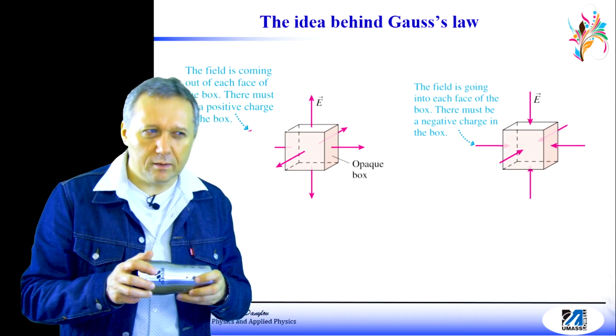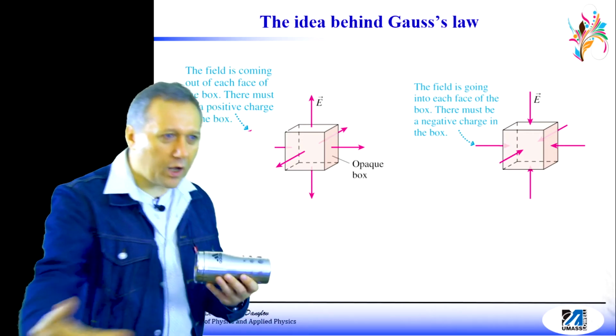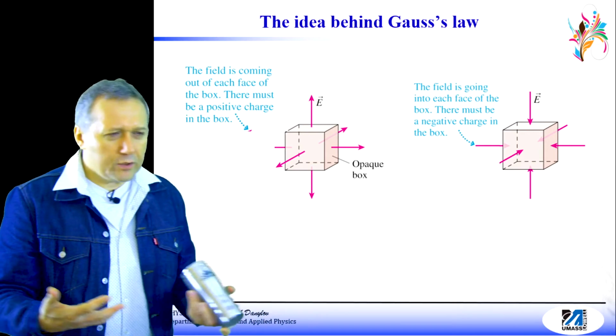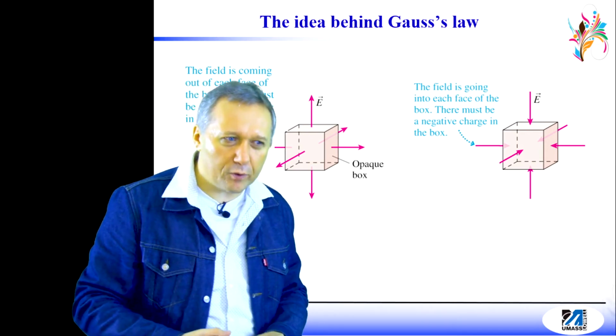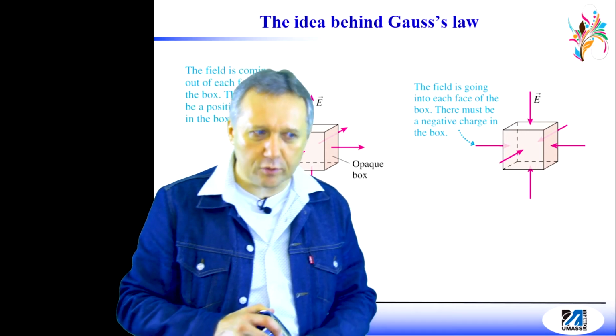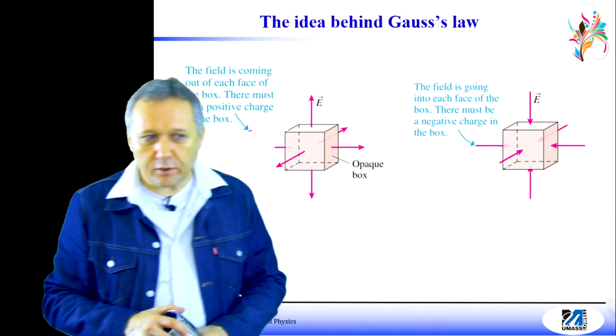What is that? Because I can draw one electric field line, or I can draw 100 or 1,000. It's so obscure, so not well defined. What do you mean by the number of electric field lines crossing the surface? Right now it's completely not defined.